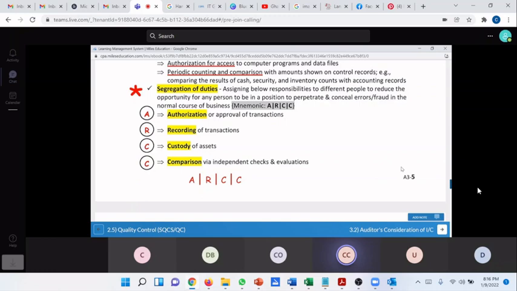In a purchase environment, the purchase manager will have the custody of assets. He's the process owner in this case, who has the overall responsibility.